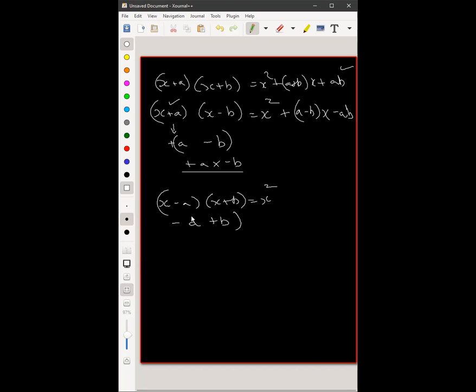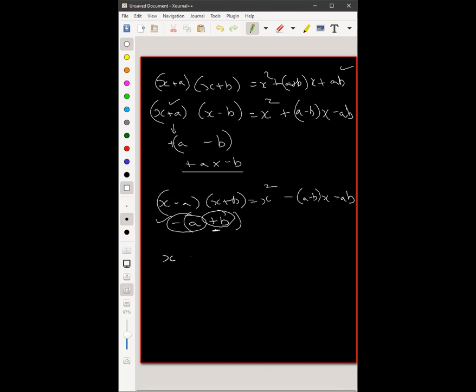But as soon as I put a bracket here, what happens to the sign inside? It changes. So what do we get here? We get minus, because this is outside, minus a minus b into x. And what is minus a into plus b again? Minus ab, right?